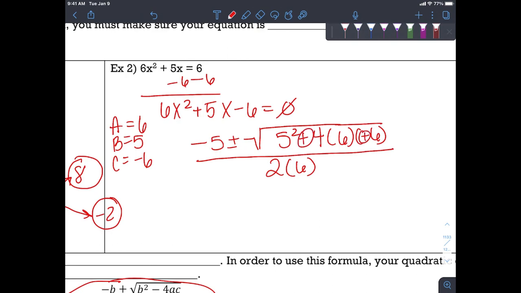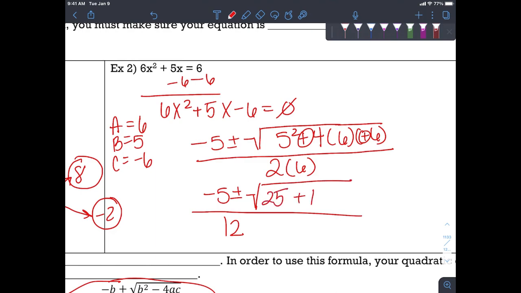I'm going to go ahead and change them because they're multiplying. And now I'm going to continue to simplify. So -5 plus or minus, all divided by 12, square root of 25 plus 144.